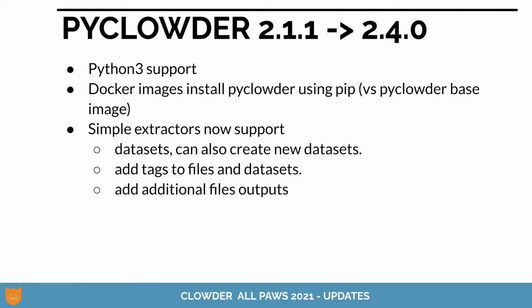It could add files, tags to files and datasets, and output additional files. So again, these are things that with the core PyClowder extractor you can already do, but it requires a little bit more development. And now with this, it's a little bit easier to add this information.